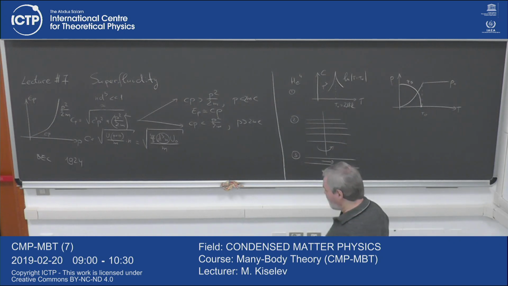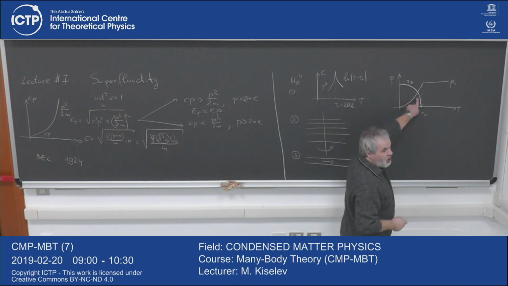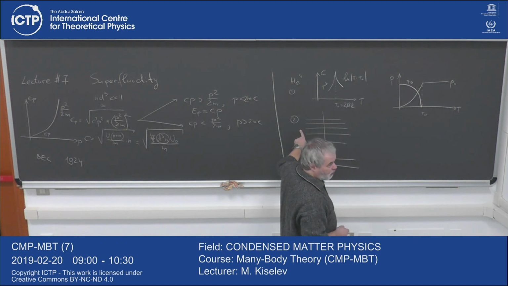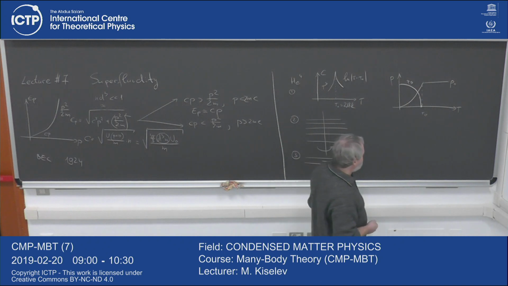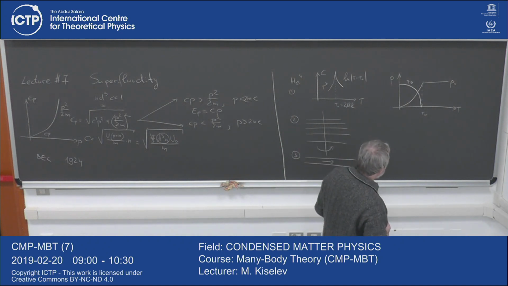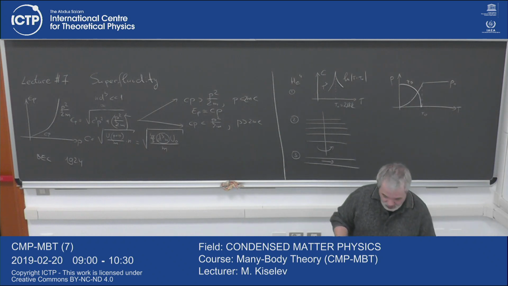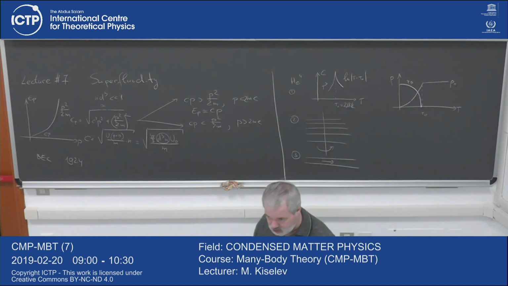And the existence of the second component, which flows without friction, resulted in the explanation that the inertia momentum is small. We will compute the inertia momentum at the end of the lecture. What was said is that only the normal component, which behaves as a normal ordinary liquid, contributes to the inertia momentum.